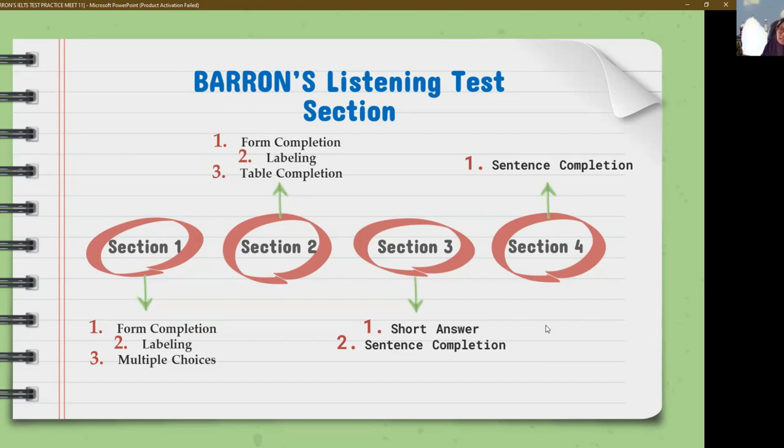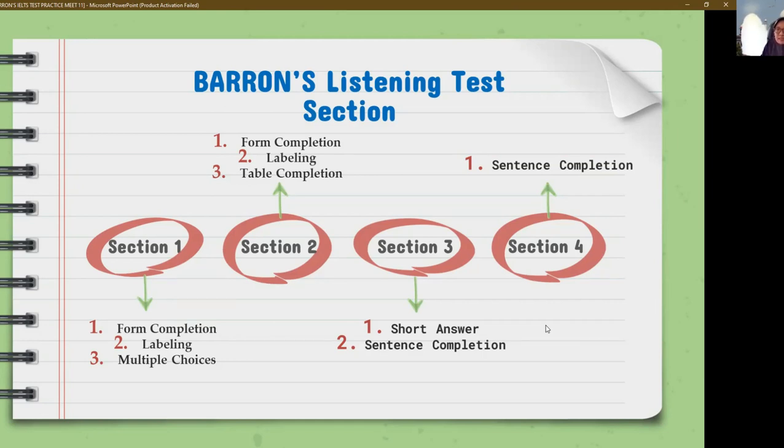And then on the second section, we have 3 kinds of exercise types, related to form completion too, and then labeling and table completion. Okay, almost the same as the first section. The first and the second type of the task are for form completion. You have to complete such a form, related to a form from an institution or somewhere else.